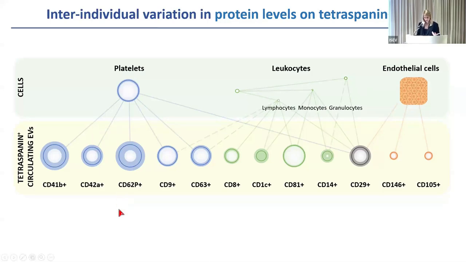Yes, and of course there are still differences, so you can see that CD62 positive EVs, or their expression, have a much higher CV compared to, let's say, CD9 or CD63 tetraspanins, or even the endothelial cell EVs, which have a much lower CV.